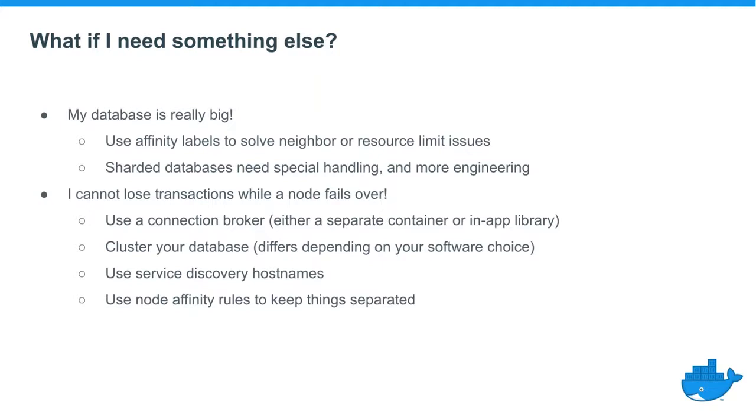If you're running a clustered MySQL or a cluster database that doesn't do master slave, use a connection broker as an additional container, or an in-app library depending on your deployment of software languages and whatnot. Java applications tend to use a Java connection broker that's built into your application itself.